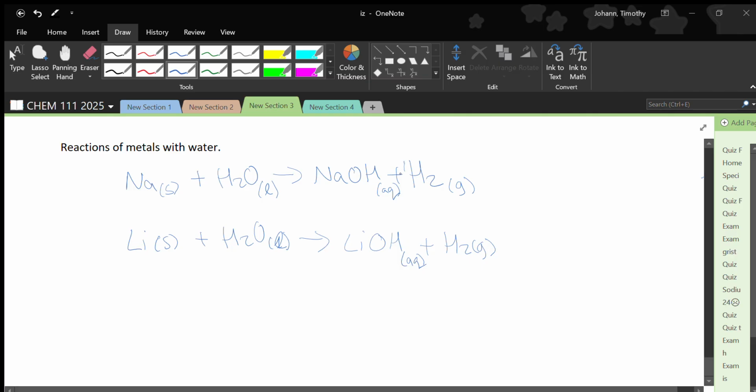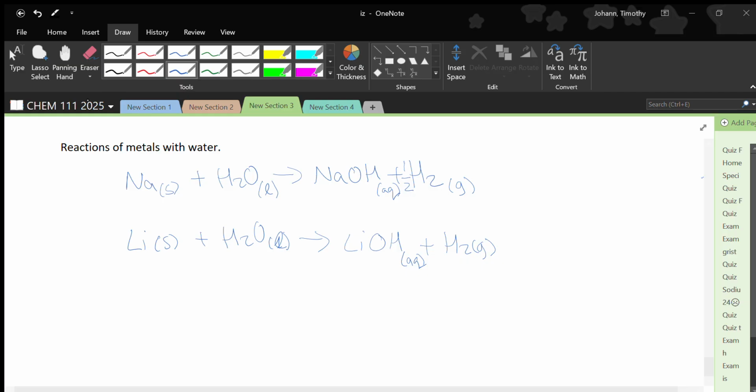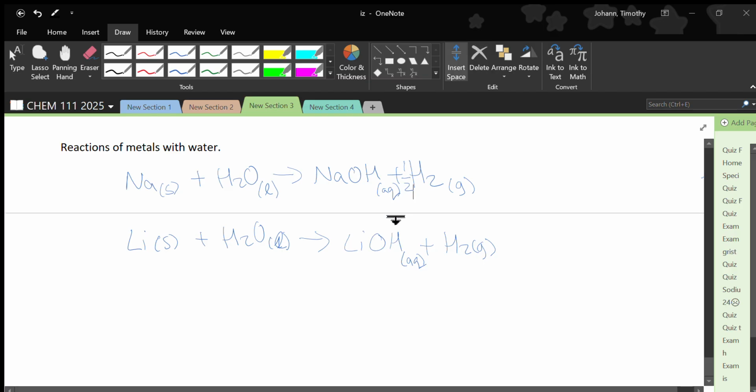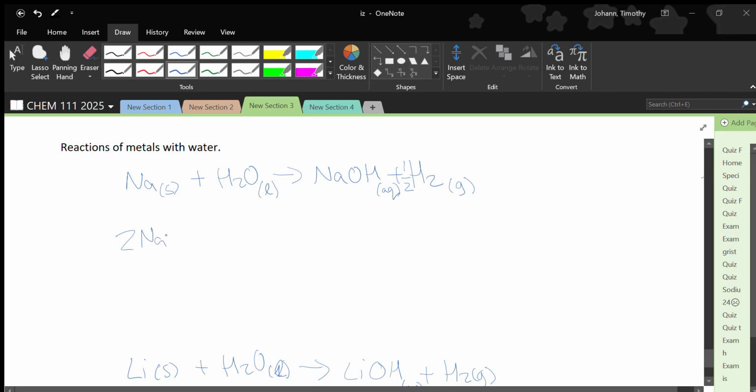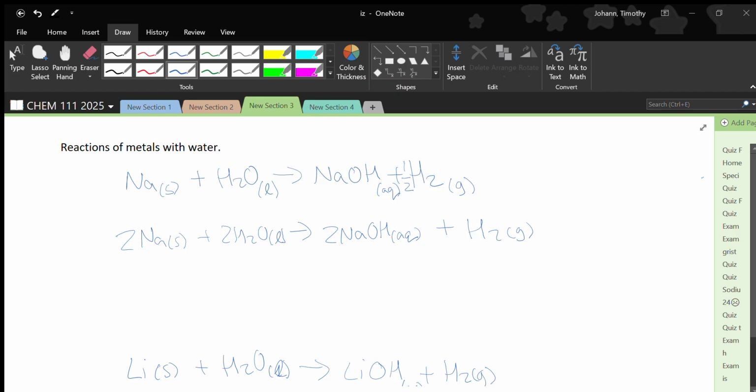If I make that a half, now it's balanced. And then I have to get rid of my half, so I would rewrite it as Na2. I'm going to multiply everything by 2 across the top. Plus H2 gas. And now it should be balanced. 4 hydrogens, 4 hydrogens. Okay.